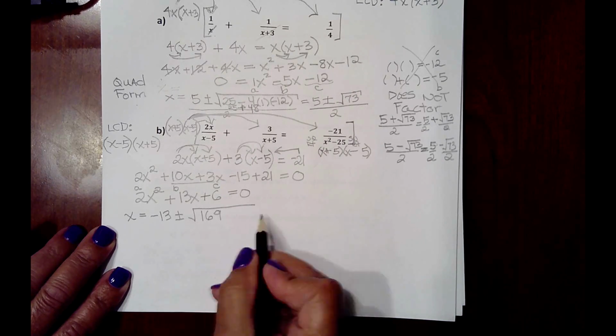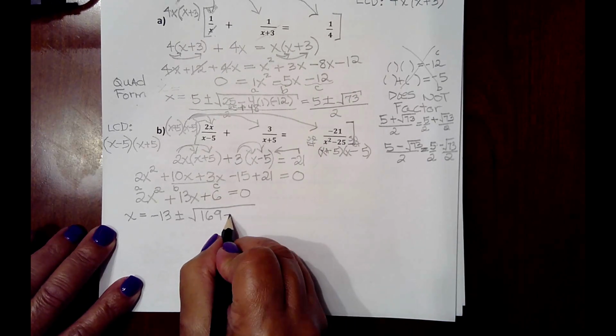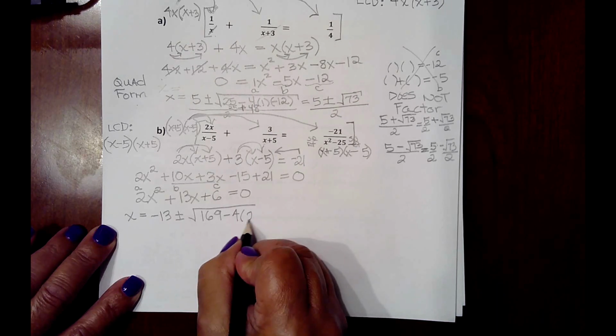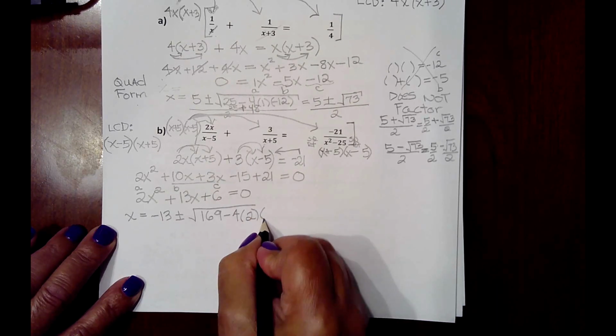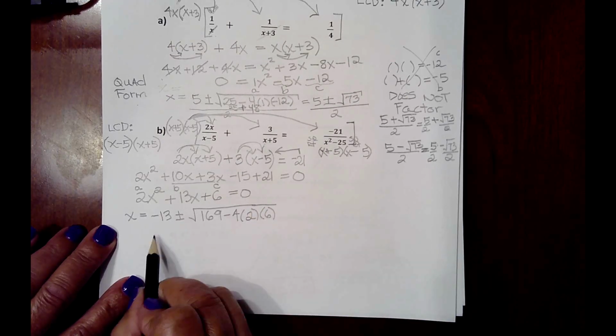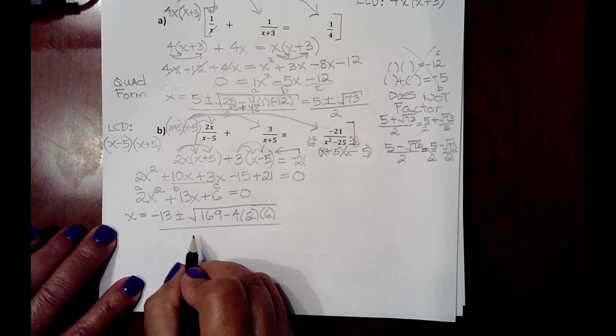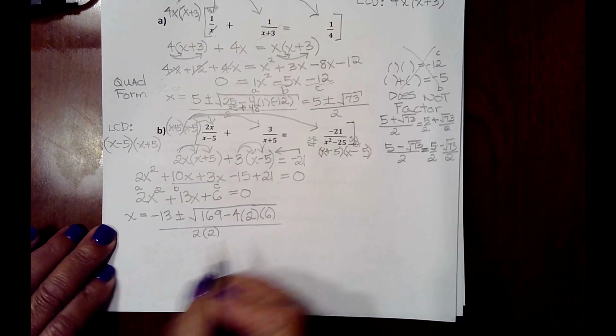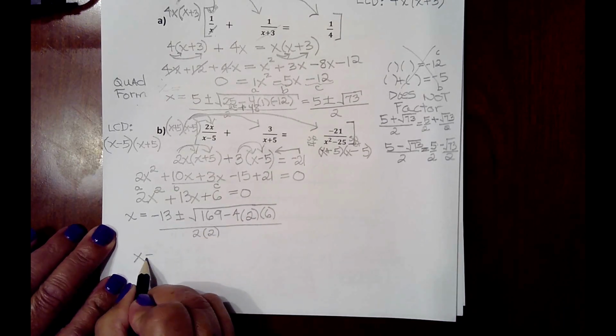Okay, so that's b squared. The rest of the formula in here goes minus 4 times a, the a value is 2, times c. The c value is 6. And don't forget, the formula has a denominator, which is 2 times the a value. And memorize that formula if you're going to use it.